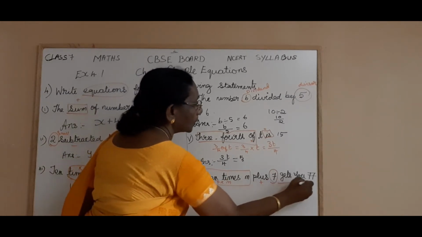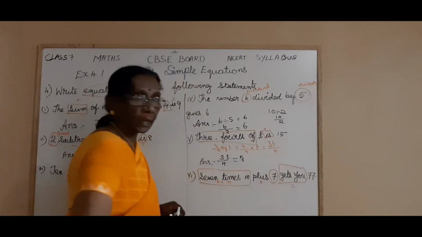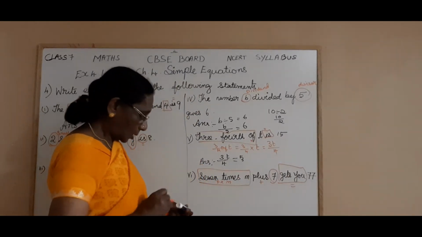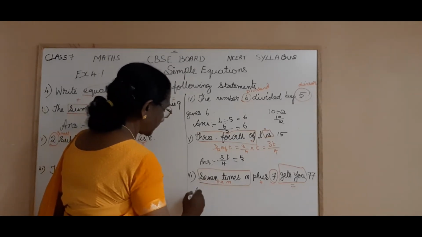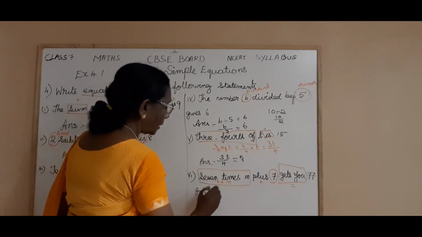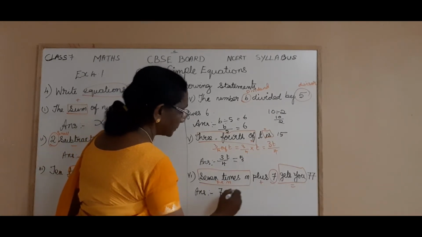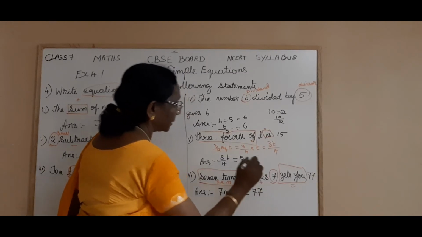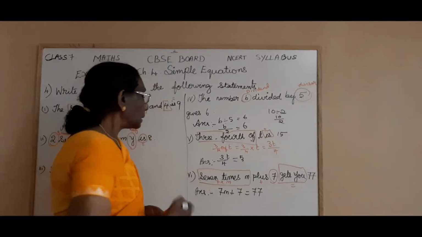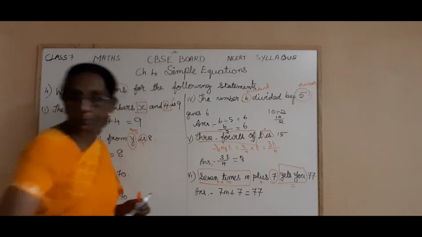Gets you means what? Equal. What do you get? 77. So the answer is 7m plus 7 is equal to 77. Is it clear, children?